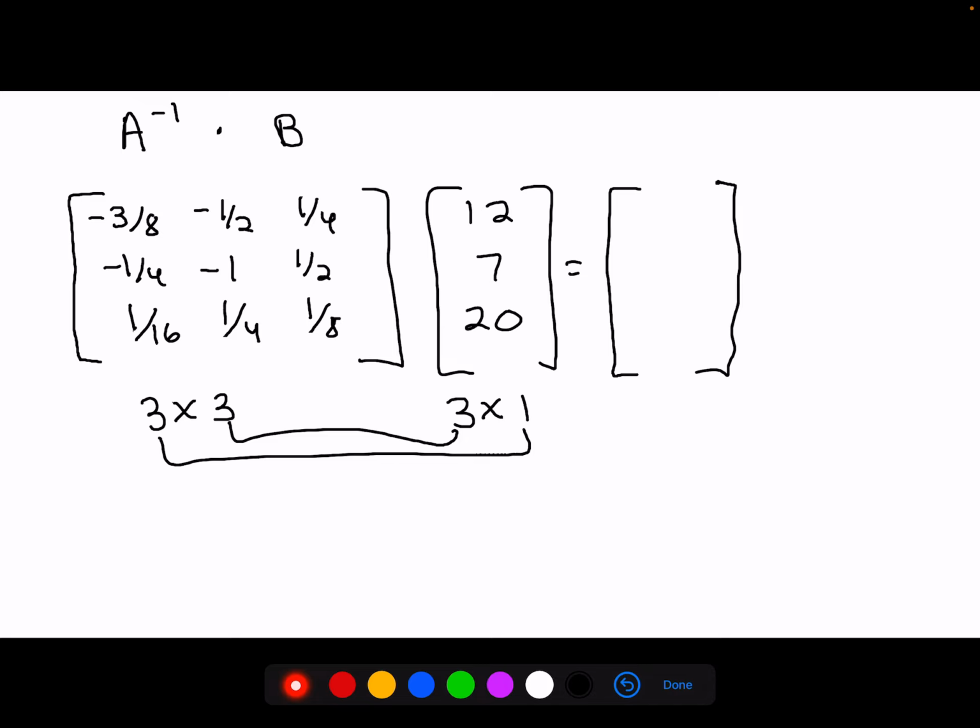So first row with that column, I end up with -36/8. I end up with -12/2, or I'm just going to leave it like that. And I end up with 12/4. This is -6.